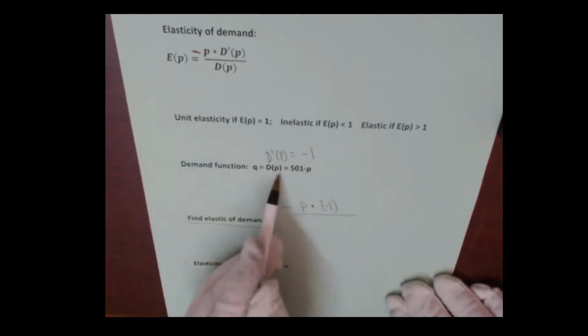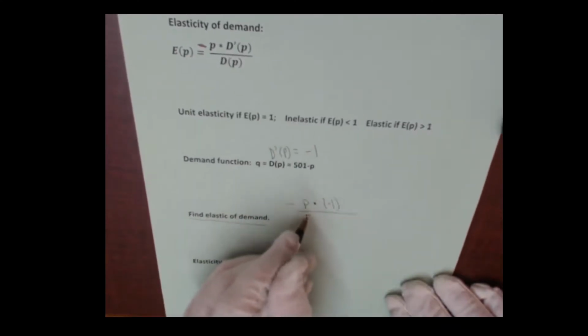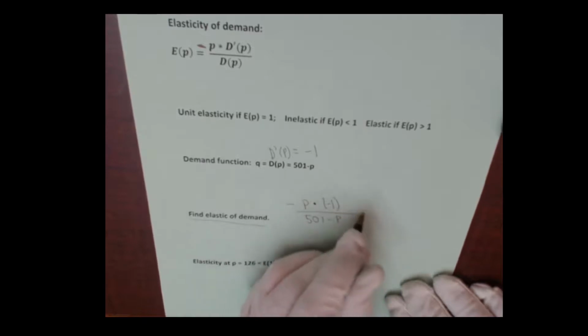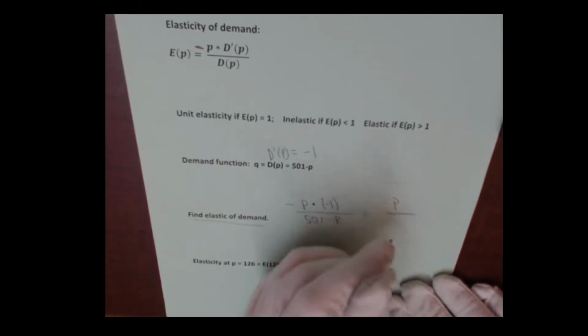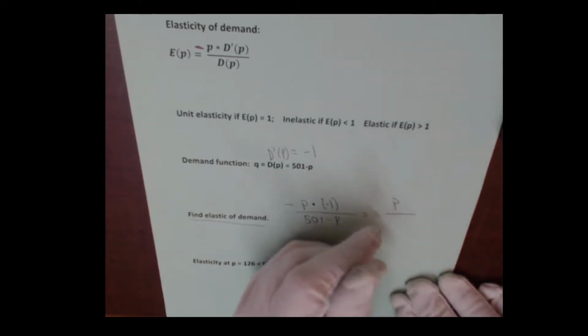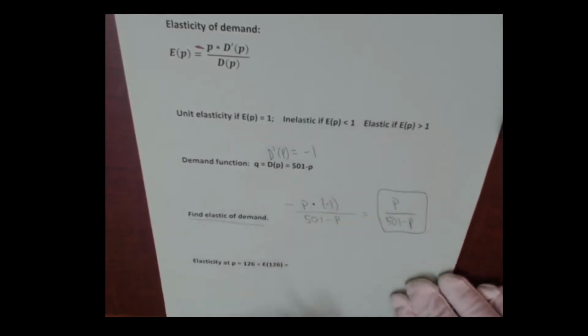And then on the bottom, we put D of p, and D of p is just 501 minus p. And so that's it. The minus is the minus, the p is the p, the derivative is -1, and D of p is 501 minus p. So that simplifies to p over 501 minus p. There's your equation right there.